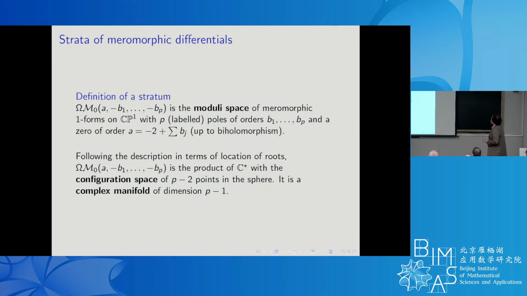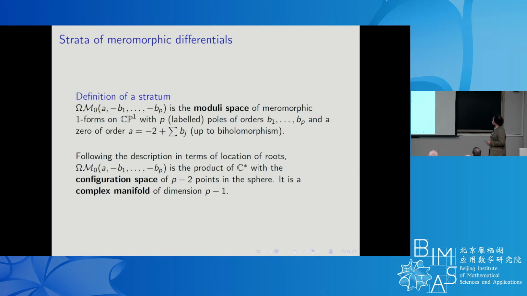Following the description in terms of location of the roots, this stratum is a product of C star with the configuration space of p minus 2 points in the sphere. Because you can just put your unique zero at infinity, the first two poles at 0 and 1, because of the projective automorphisms of CP1. And then you know your differential up to a global factor corresponding to the product with C star in the description of this moduli space.